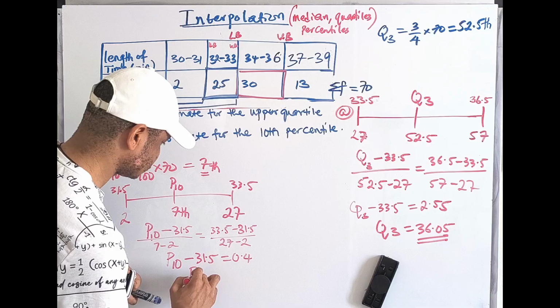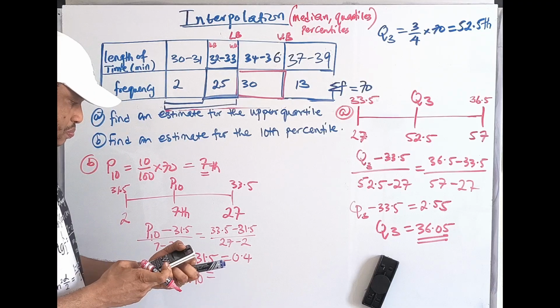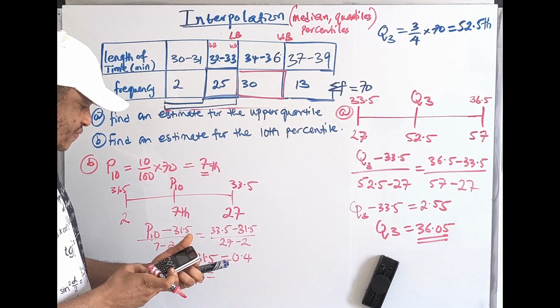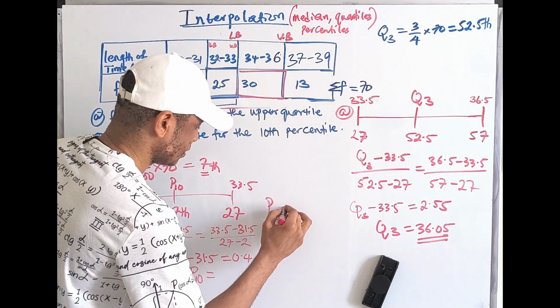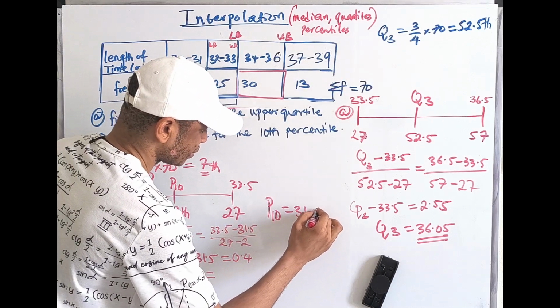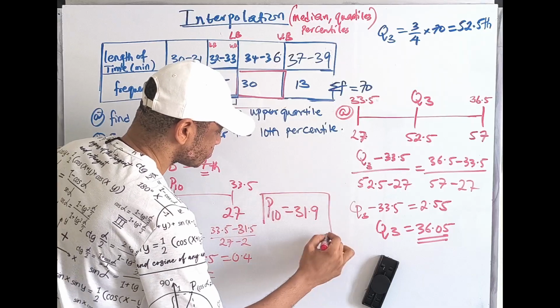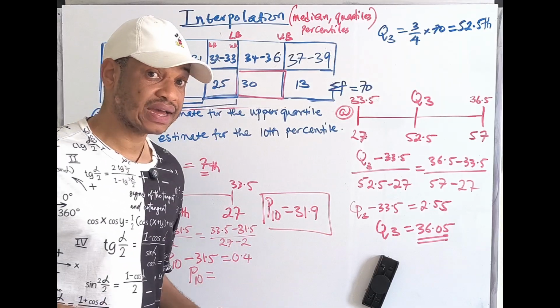So my P10 will be 0.4 plus 31.5, which is 31.9. So this is my 10th percentile.